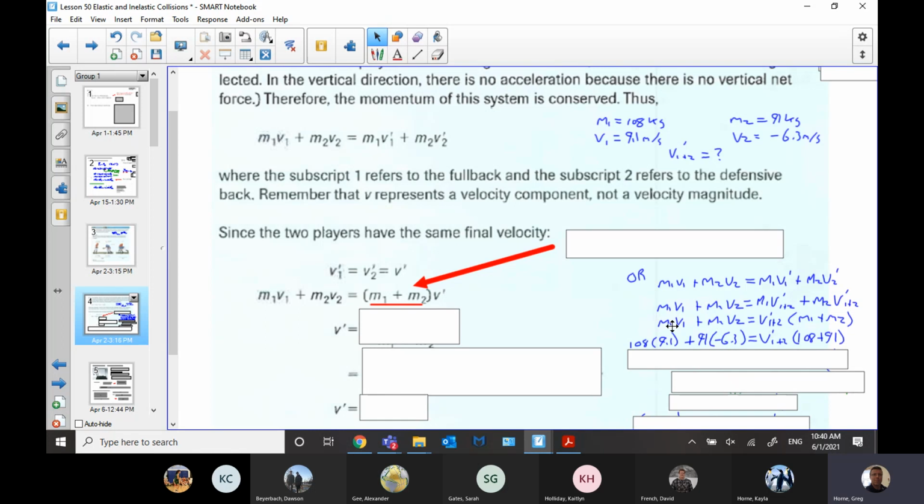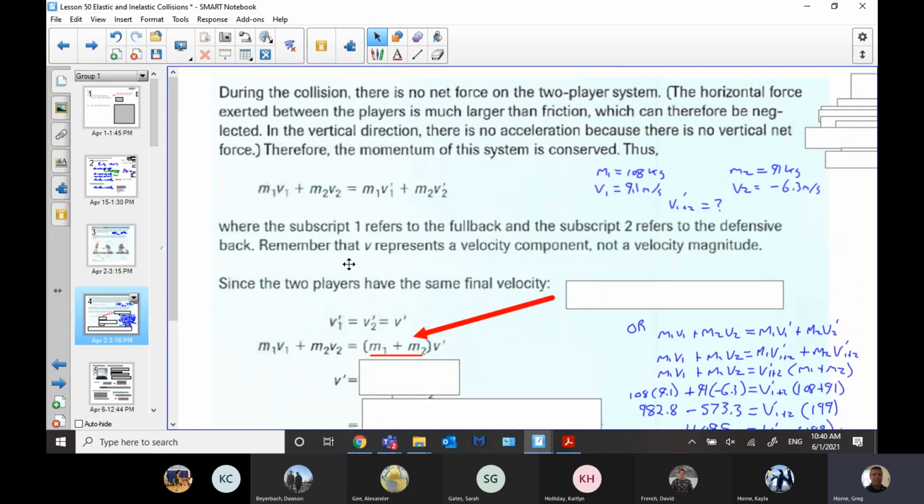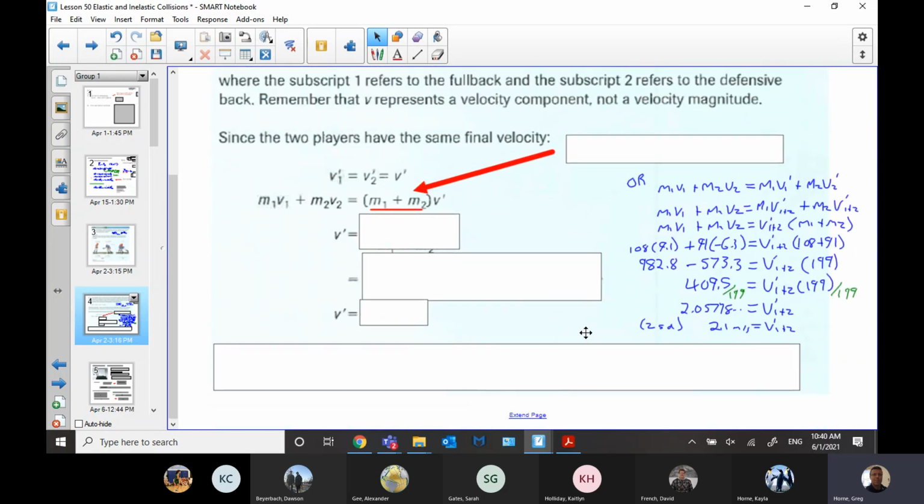A bunch of numbers there, multiply and subtract and so on. Eventually I have it all worked out here. I don't always show all the steps in grade 12 here, but dividing both sides you get your velocity of 2.057, and so on. Looking back, they've only given us 2 significant digits, so we're going to keep it as 2.1.